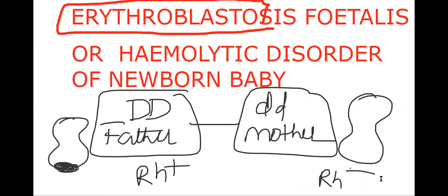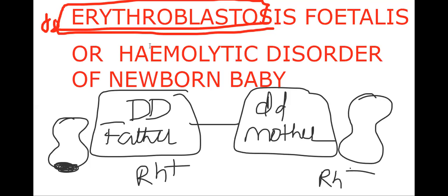That's what we say: erythroblastosis foetalis. Immature RBC are produced over and over because you're continuously killing baby RBC. The baby is trying to produce, but we are giving no time. So that's why immature RBC are getting produced. So what is the meaning of erythroblastosis here?